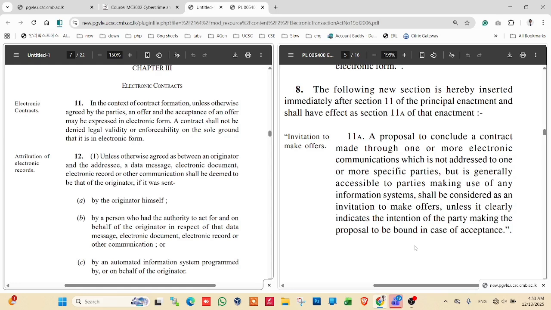So if I accept it, the party shall be automatically bound, but no one says that. So basically any ad is an invitation to treat unless I say the first guy who comes and gives me this offer, I'm going to sell it. That is basically binding. That means the first person who comes here will get it.